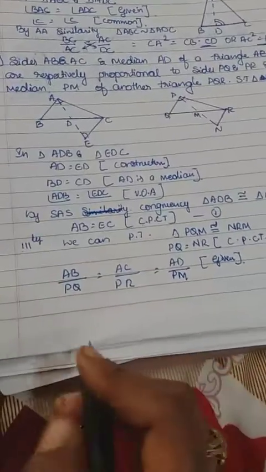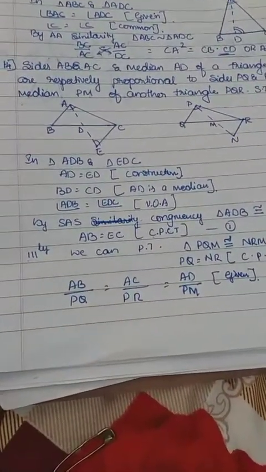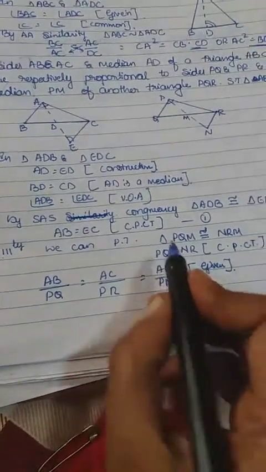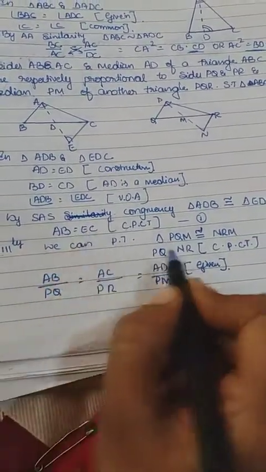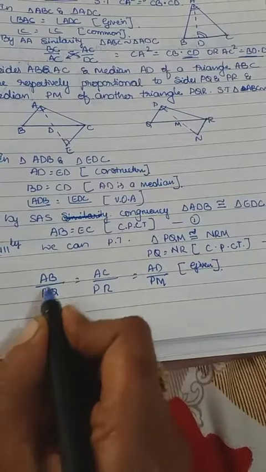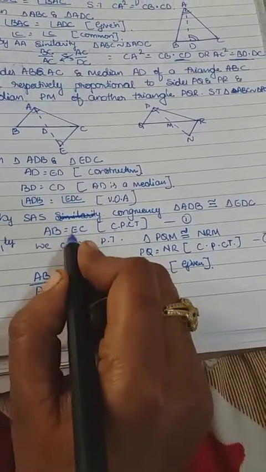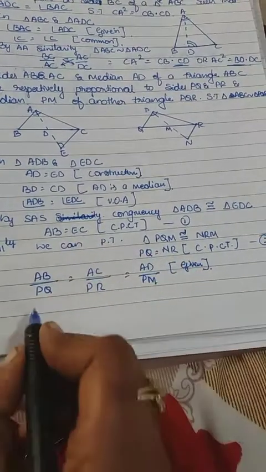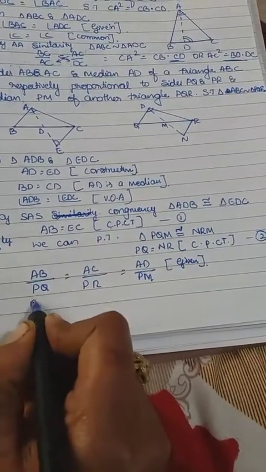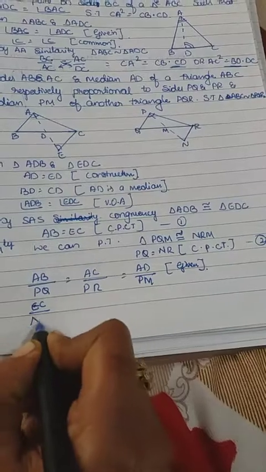So from 1 and 2, AB and PQ are equal to EC and NR. Instead of AB and PQ we can write EC and NR. So EC divided by NR.